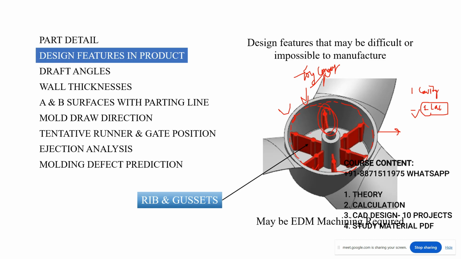Because of these ribs and gussets, if we are using the EDM machining, the manufacturing cost will be high, or maybe the manufacturing cost with the design and all the VMC and CNC manufacturing. Because of that, the mold cost is around 1.2 lakh. Then we can suggest to the customer that, sir, we should remove these ribs and gussets if you need the die within this budget, right or wrong?